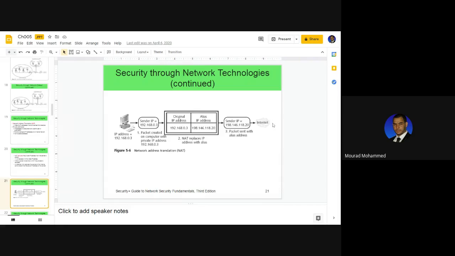The external world will see the alias and will not see the real IP address. Any requests or submissions from this device to the external world will go with the alias. The real IP address will remain in the device where NAT is activated.